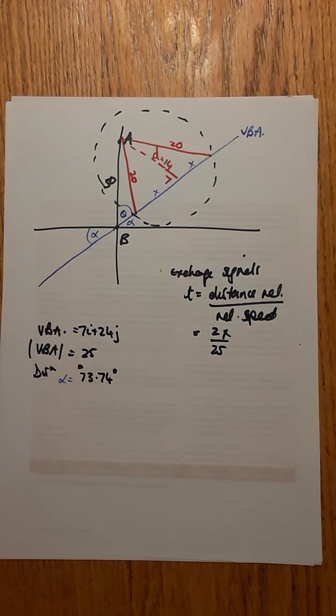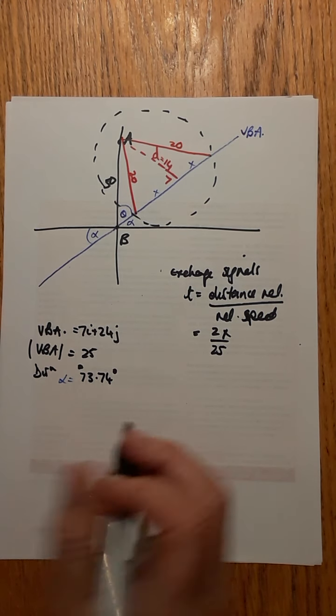And when you do that, what do you get? 20 squared minus 14 squared, and then get the square root of that, and that gives you 14.28. So that x is 14.28. We've two of them, and we're going to divide it by 25, which gives us 1.14.